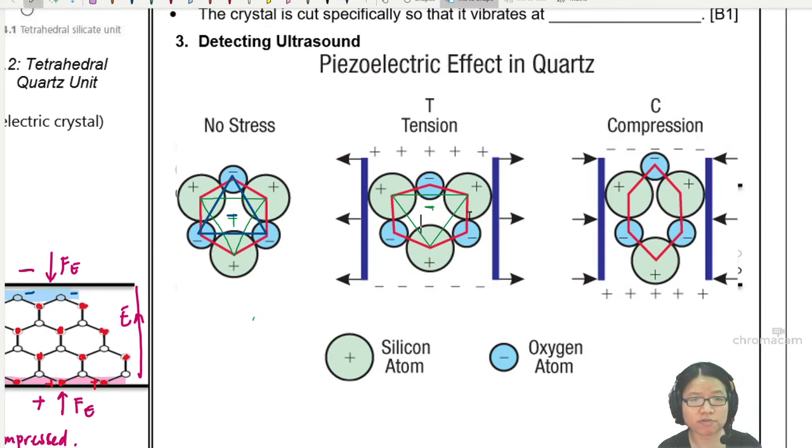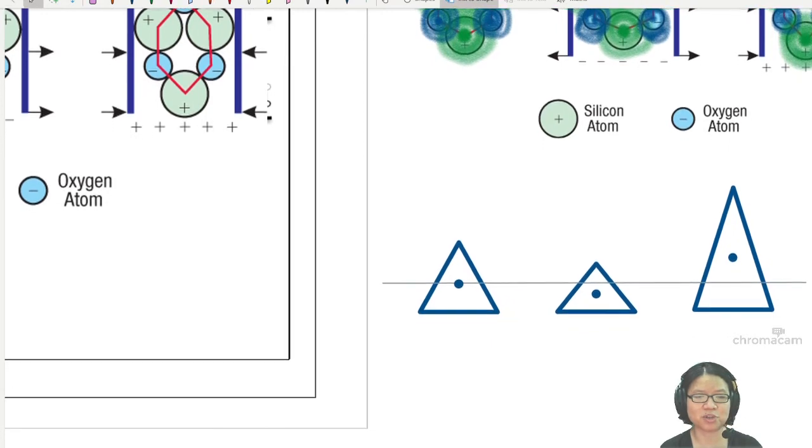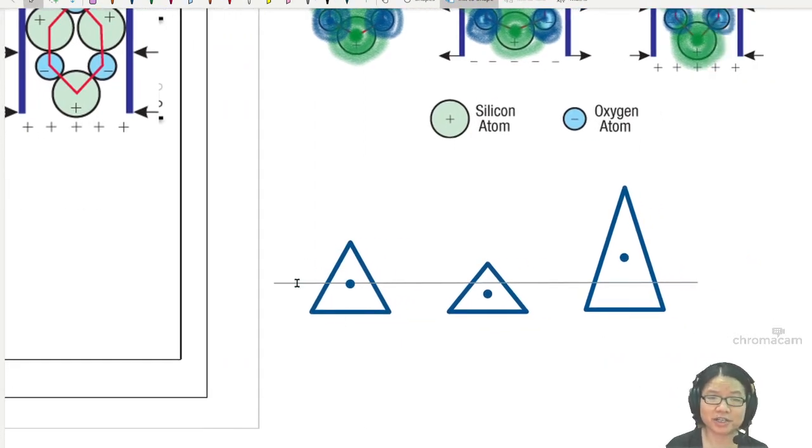The center of mass of this green color triangle will be closer to the base. Closer to the base, this is the center of the positive charge. All right, so if you're always confused about what the center of mass is, it's just where the equilibrium point is. For this equilateral triangle, it will be right in the middle.